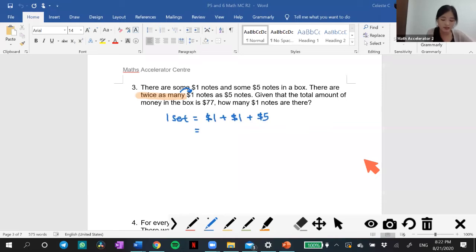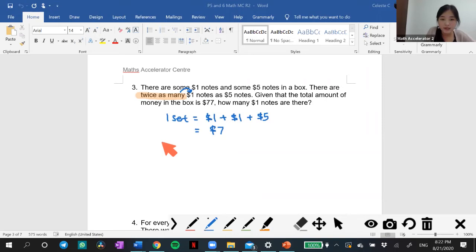What's the value of one set? You have to add it up. 7. Yes, correct, because there are 2 $1 notes, twice as many. So $7 in one set.